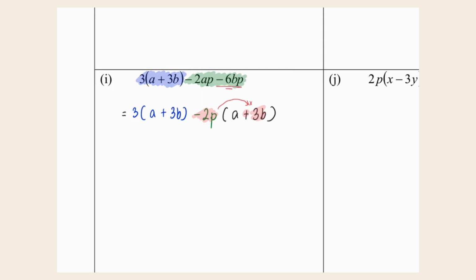Yep. And so from here, we can then see that the a plus 3b is the common factor, and I'm left with 3 minus 2p.